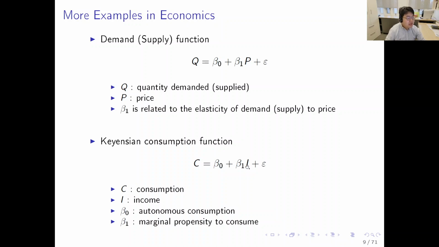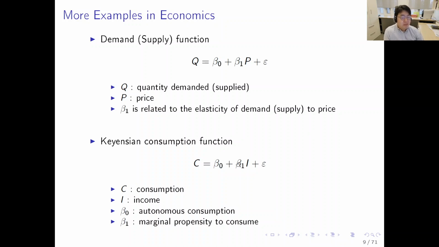And when your income increases by $1, your consumption increases by beta 1, right? So for example, if I get say $1,000 today for no reason, just a surprise bonus, then I'm not going to consume all of it. I may have a nice dinner, or I may do something, but I'm not going to consume all $1,000.